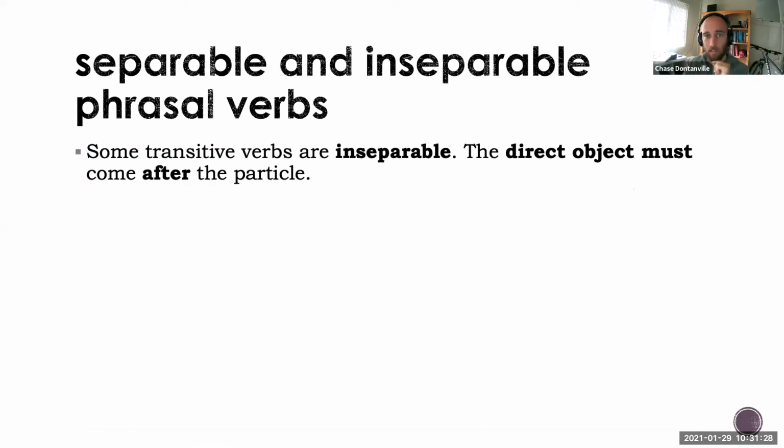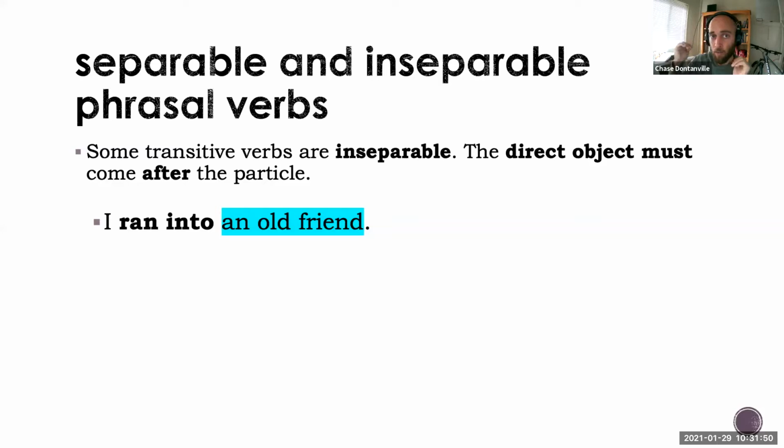Now, there are some transitive verbs that are inseparable, meaning you cannot separate them. If this is the case, the direct object must come after the particle because you cannot separate. So here's an example. I ran into an old friend. Remember, run into is a phrasal verb that means to see somebody without a plan, without expecting it.